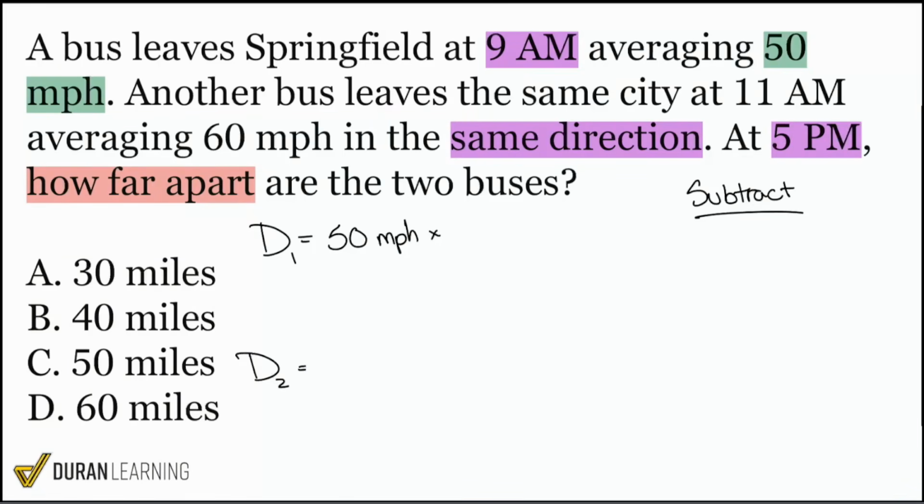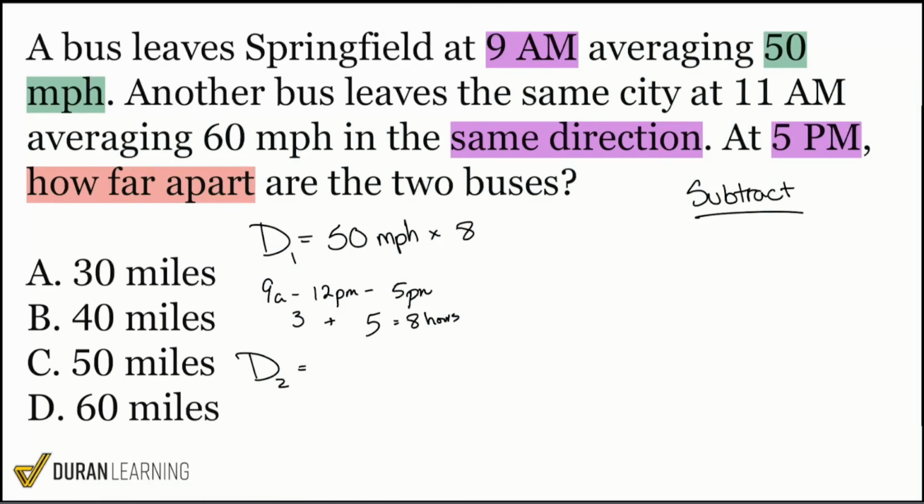So 9 to 5 is going to be 8 hours. Or if you didn't quite know that, think about 12 p.m. being right in the middle: 3 hours between 9 and 12, 5 hours between 12 and 5, and that makes 8 hours.